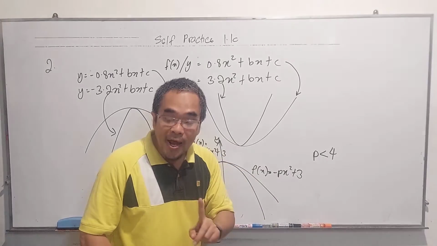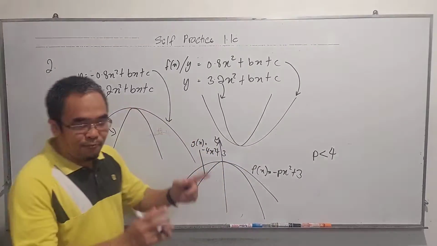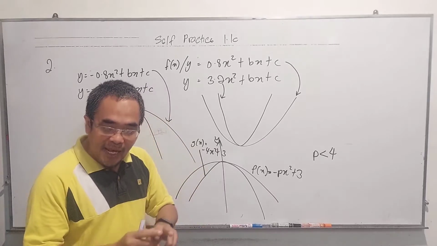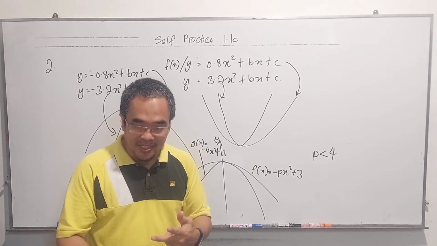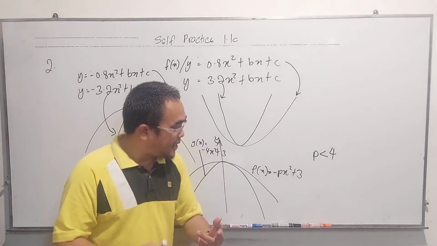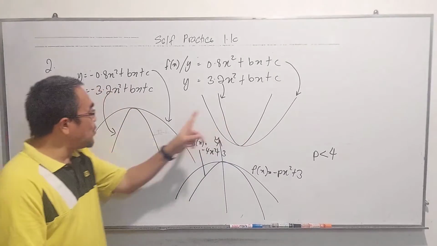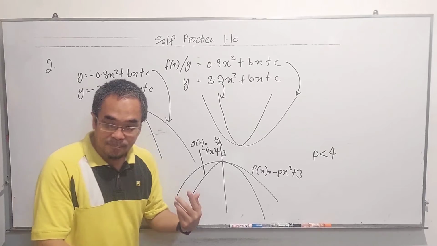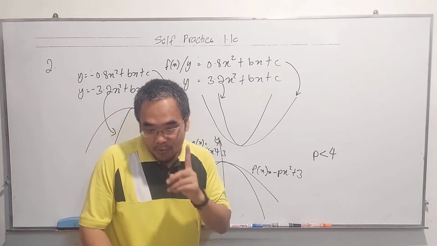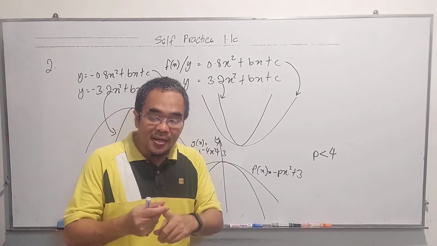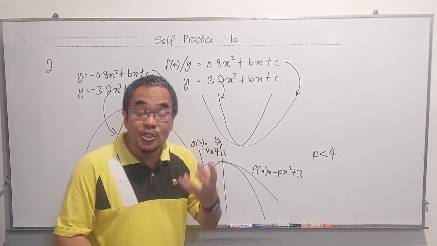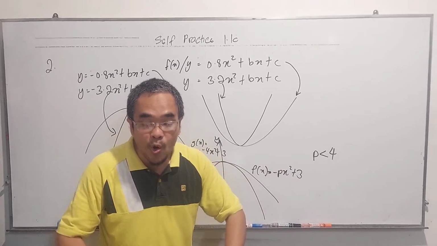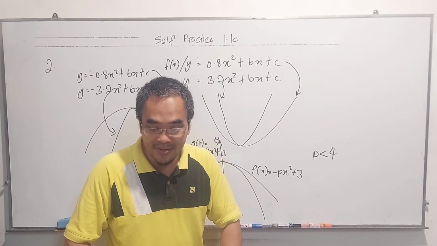Not yet. Why not? Because you must remember the value of A: if it changes from positive to negative, the shape of the graph will be different. And another condition that you have to remember is that when the value of A is 0, it is no longer a quadratic equation.